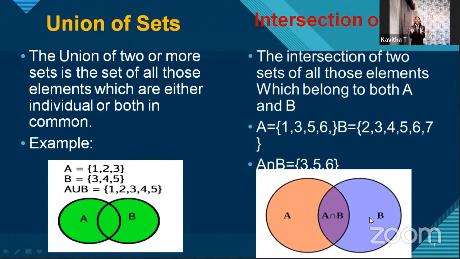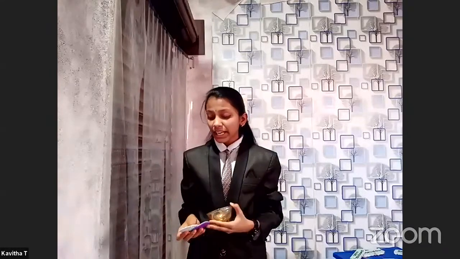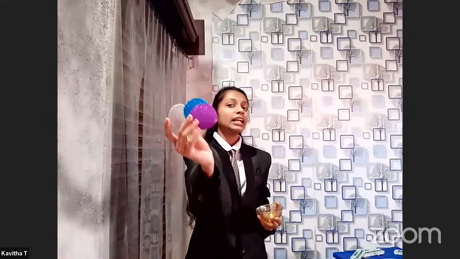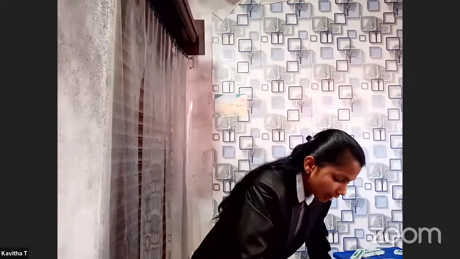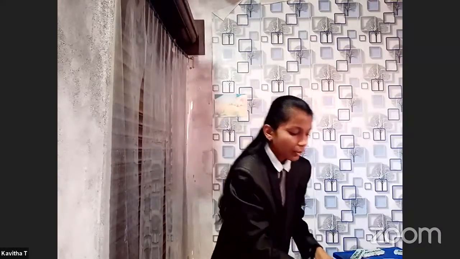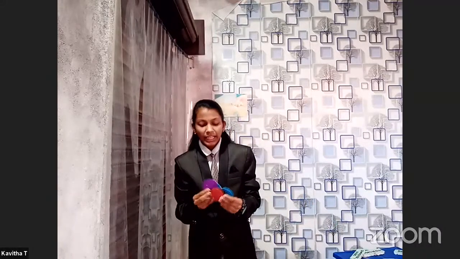Okay, let us do one activity on it, then you understand very well. Let us consider this as a set A, and I am putting three different colors in set A, and I am taking three different colors in set B. Okay, here it is, set A and set B. What are the common circles here?